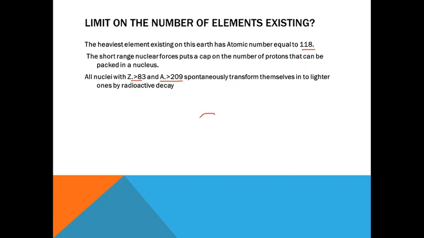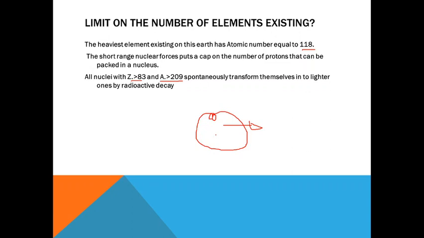If you have a nucleus, there are neutrons which try to balance the repulsive proton force. Proton is trying to rip it apart. If you pack a large number of protons, because you increase the atomic number, the neutrons are short range forces. Coulombian forces are long range forces. So despite packing neutrons, there is a limit till which you are able to overcome the Coulombian repulsion.